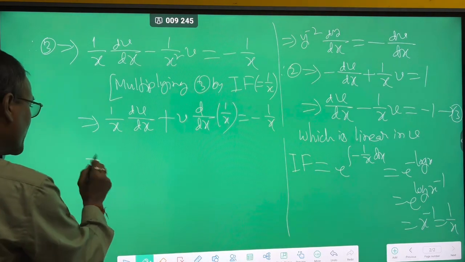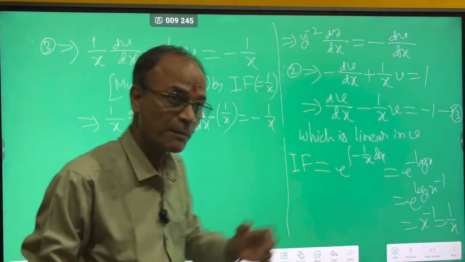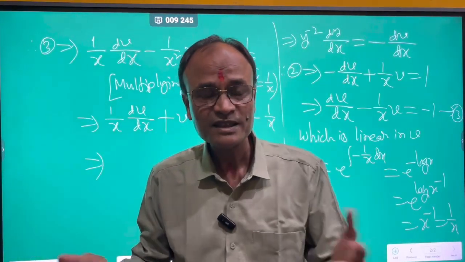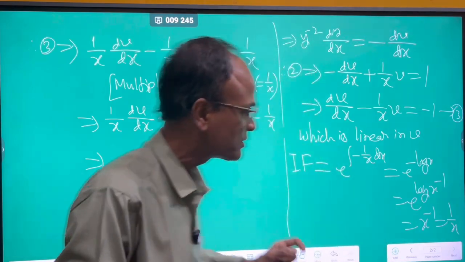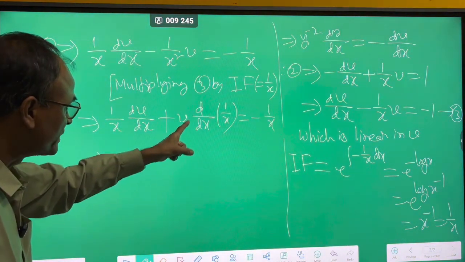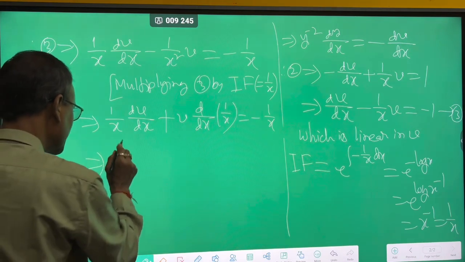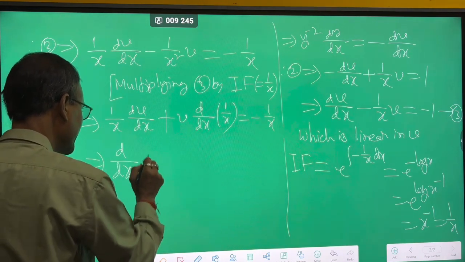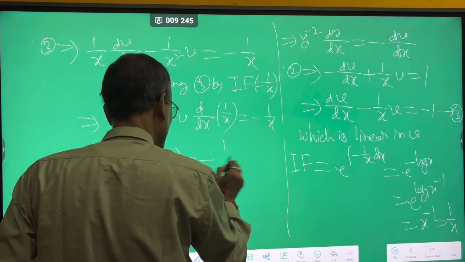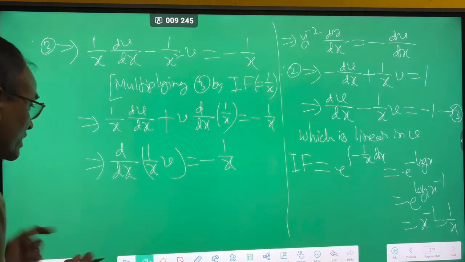See the left hand side: first function into differentiation of the second function plus second function v into differentiation of the first function. Therefore, you may write d dx of 1 by x v equal to minus 1 by x.